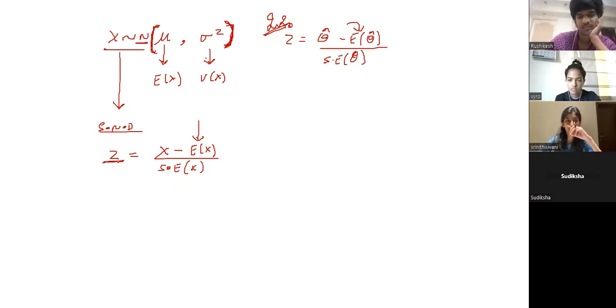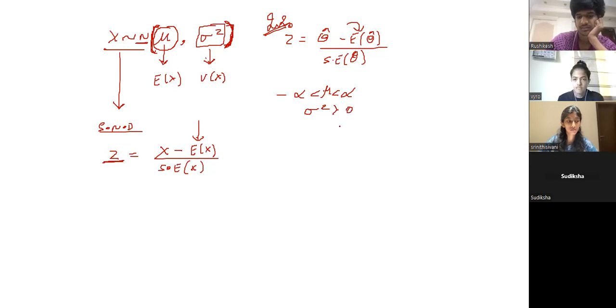Now, why do we need to convert any normal distribution into standard normal distribution? This should be your question. To answer that, in the case of normal distribution, this mu can take any value between minus infinity and plus infinity, and this variance can take any value greater than 0.